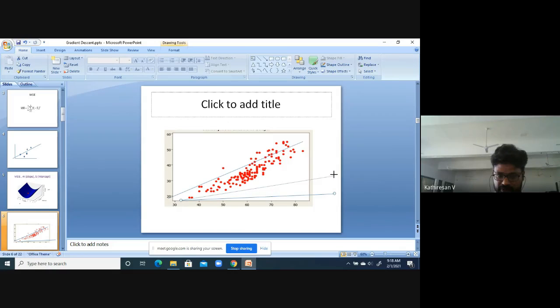Likewise, you have to adjust. Actually, this particular area is highly sensitive. From here to here, this particular area is highly sensitive.